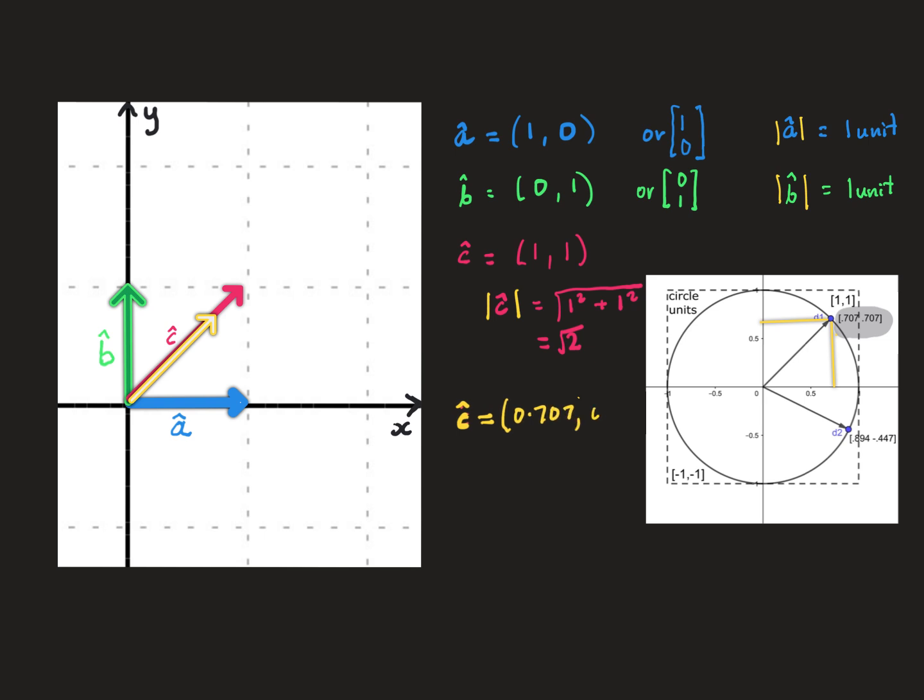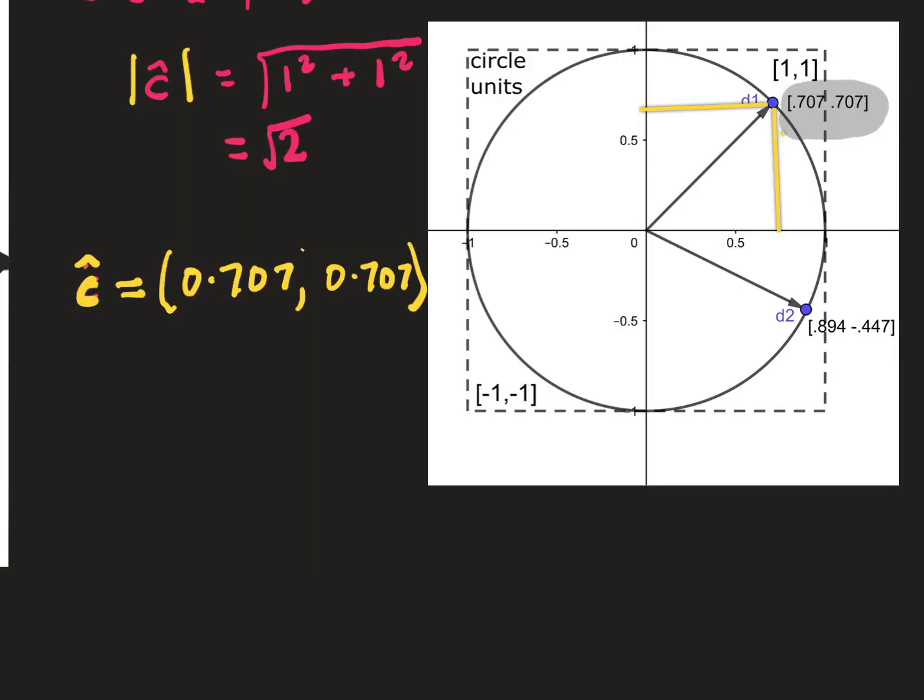0.707, 0.707. If you're familiar with trigonometry, you'd realize that this is an angle of 45, and this is also an angle of 45.